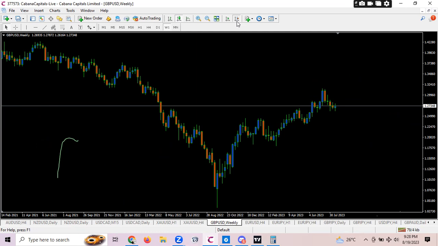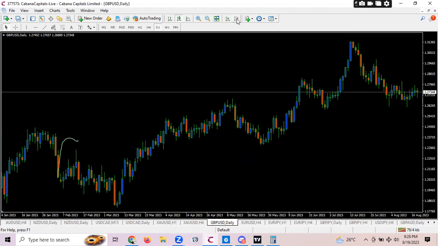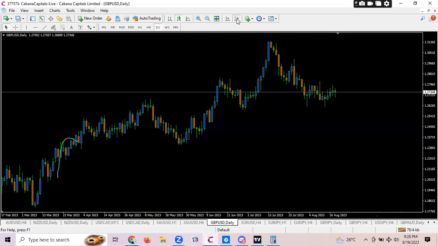Yes. You could see this is the weekly candle, right? If we go down to daily, if we have resistance and support on the daily, we can work with the support and resistance on the daily time frame. So 5 daily candles make up 1 weekly candle.